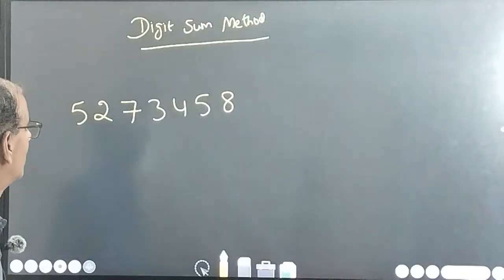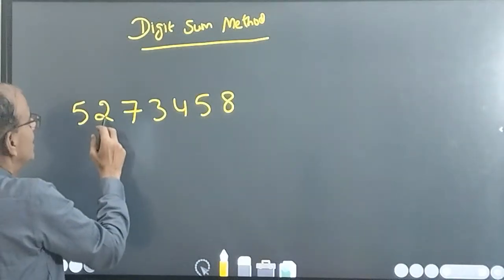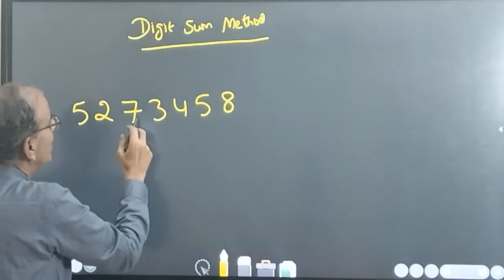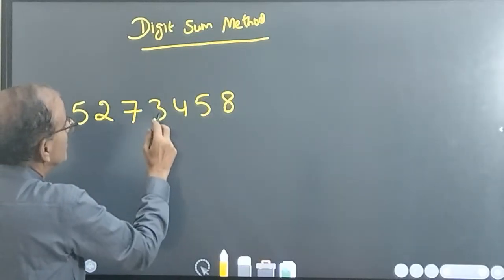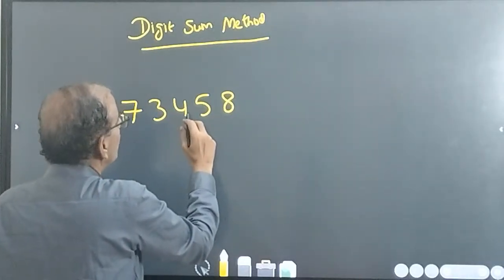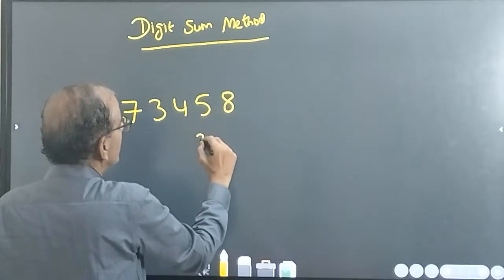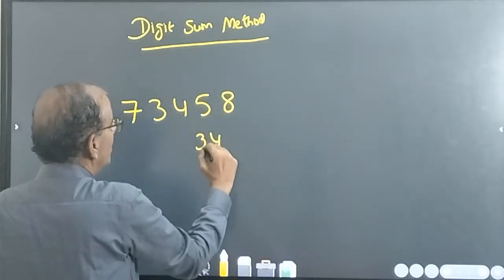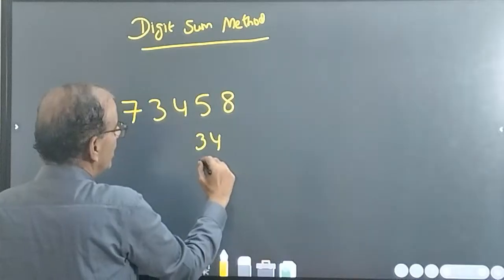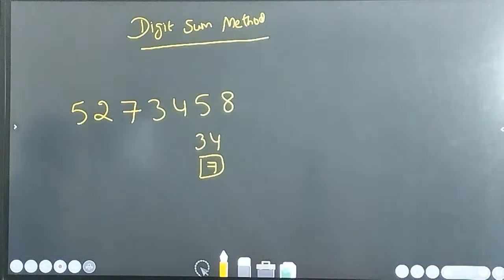Add all. 5 plus 2, 7. 7 plus 7, 14. 14 plus 3, 17. 17 plus 4, 21. 21 plus 5, 26. 26 plus 8, how much? 34. This 3 and 4 you add, you will get 7. What is the digit sum? Digit sum is 7.